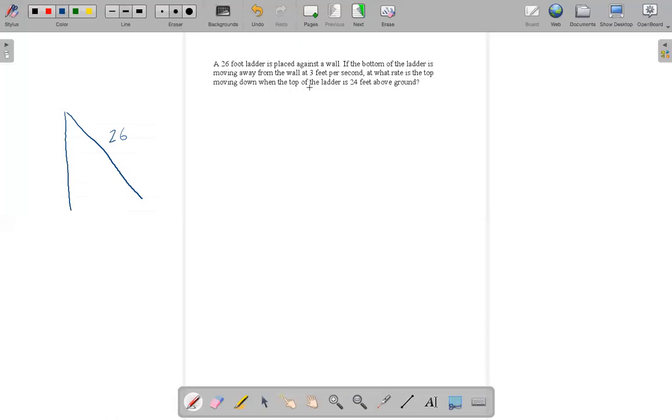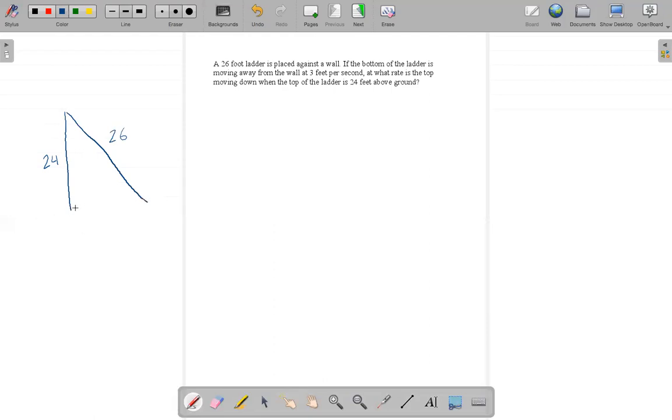As this says, at what rate is the top of the ladder moving down when it is 20 feet above the ground? So that means this is 20 feet above the ground, placed against the wall. So that means this should be a 24, right? So the wall here is going to be 24. The ladder is 26. All right.